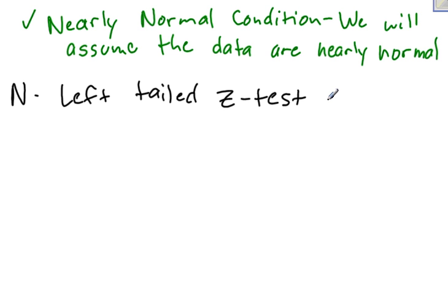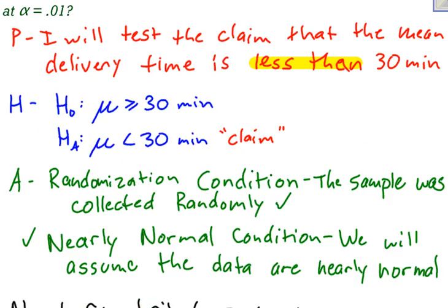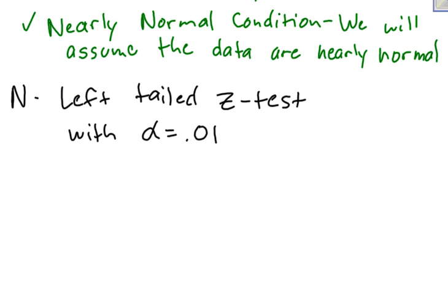And the other thing that I should say right here is I should talk about alpha, which is the level of significance. So I'll say a left-tailed z-test with alpha equal to 0.01. It tells me in the problem that I want to use alpha equals 0.01 as my level of significance. Make a little side note over here.